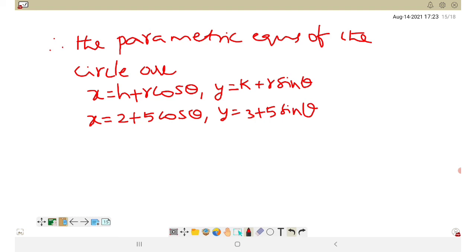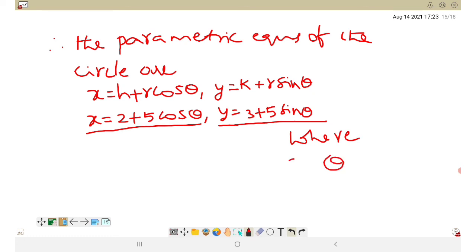So the required parametric equations are x equal to 2 plus 5 cos theta, comma y is equal to 3 plus 5 sin theta, where theta lies between 0 to 2 pi.